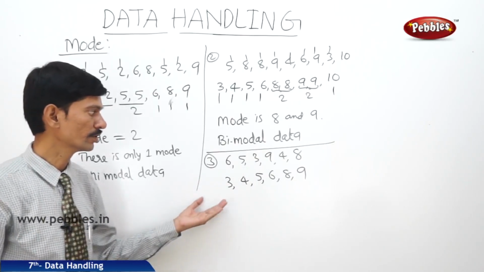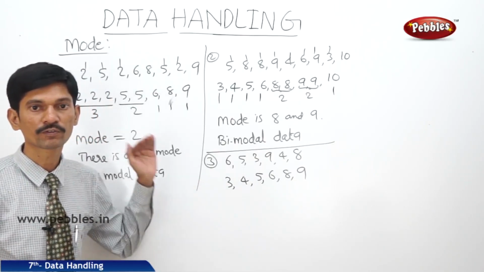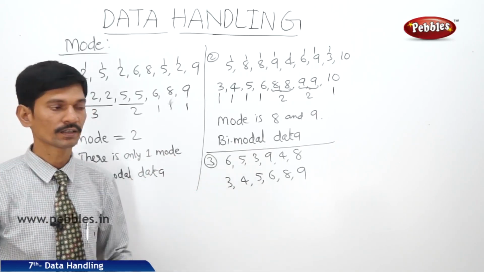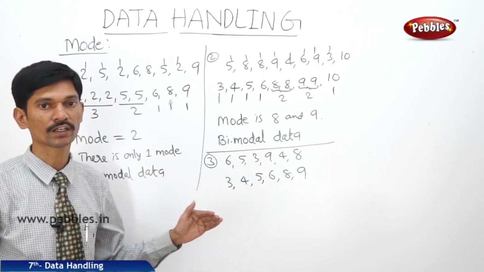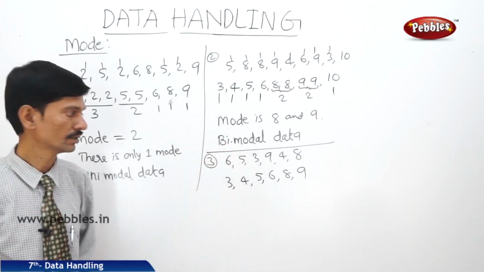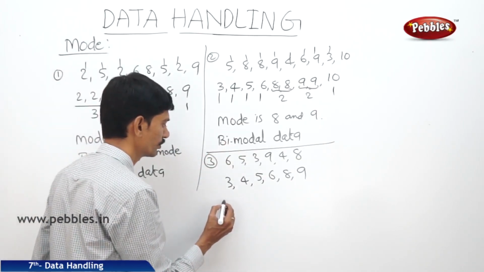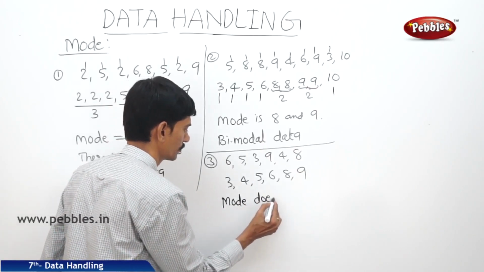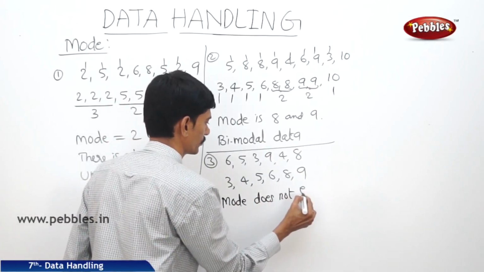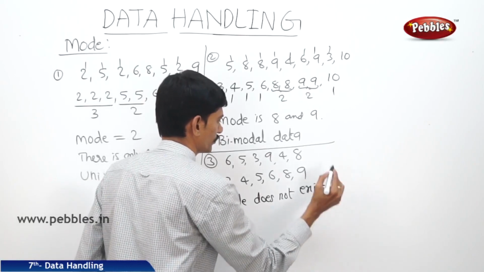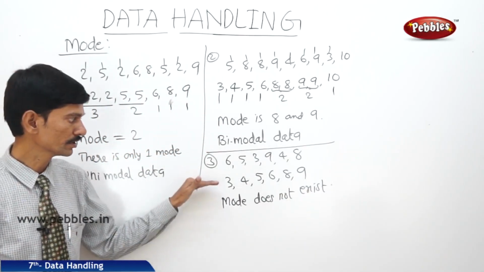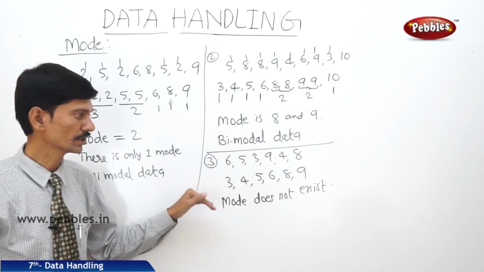So there is no mode for the given data. So for a given data, mode may or may not exist, or if the mode exists, it may not be unique. In this data, the mode does not exist.